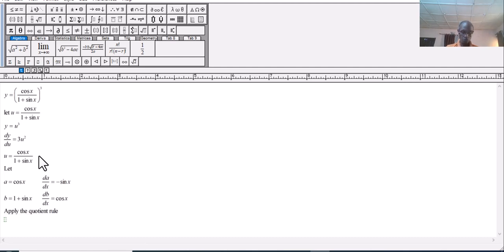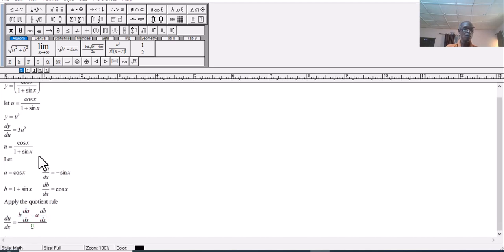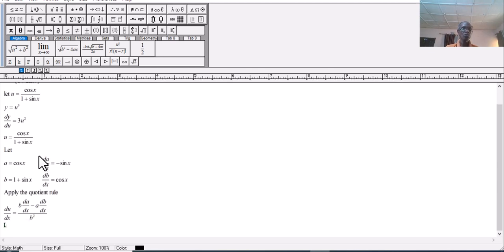So we apply the quotient rule, which is du/dx equals b da/dx minus a db/dx, all over b squared. So this is the quotient rule. Now we have our du/dx.